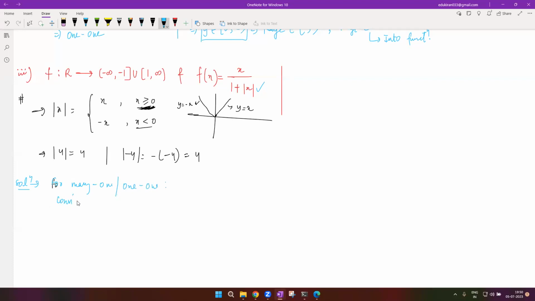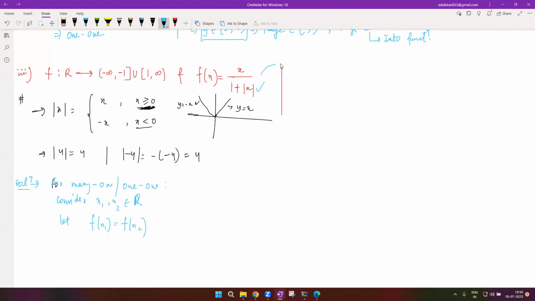We will take 2 points from the domain, or basically we can say real numbers, and let f(x1) is equal to f(x2), right?